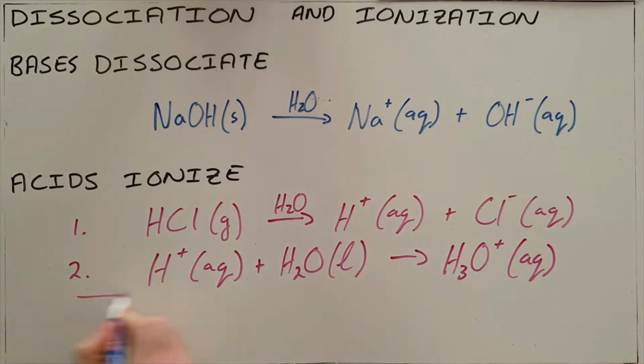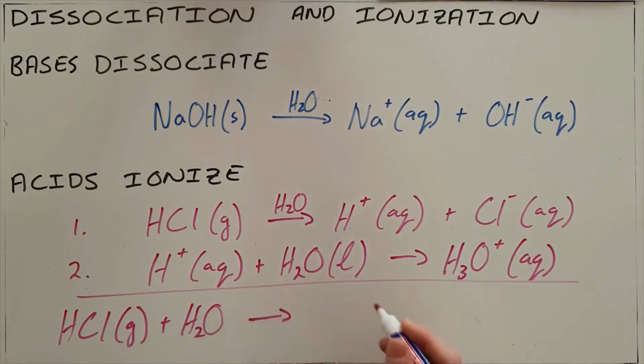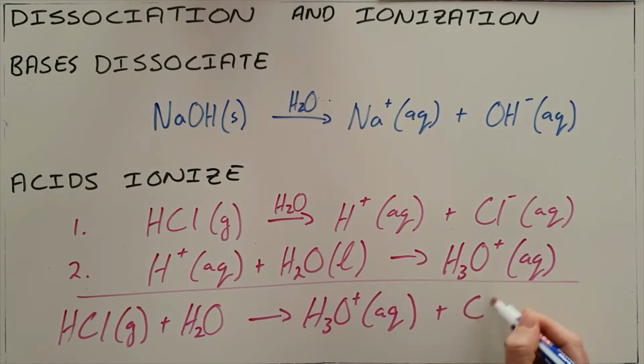So these two steps can be written as one combined, where we just say that the ionization process is where we start out with an acid that is added to water, and that reacts to form our hydronium ions and chlorine ions, both of which are aqueous because they are dissolved in water.